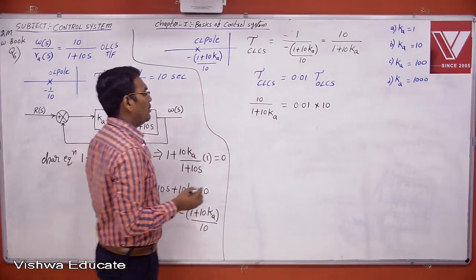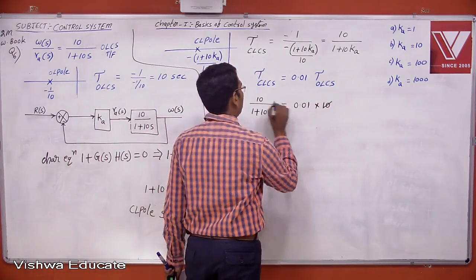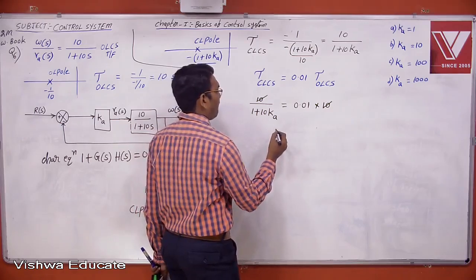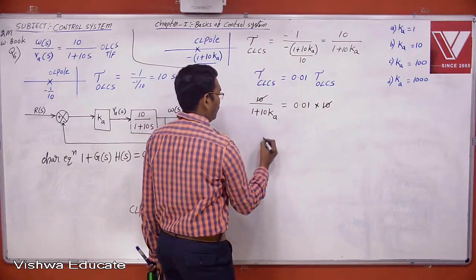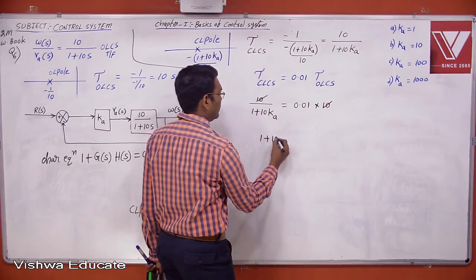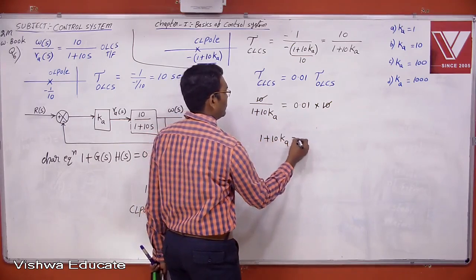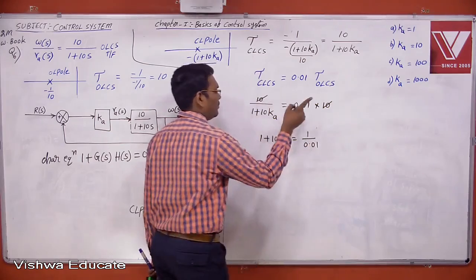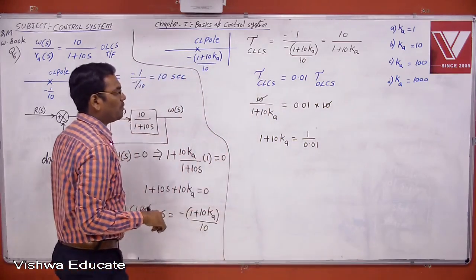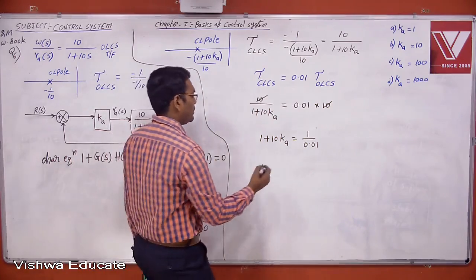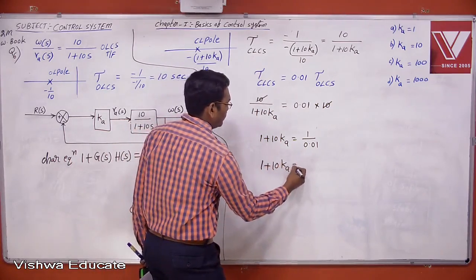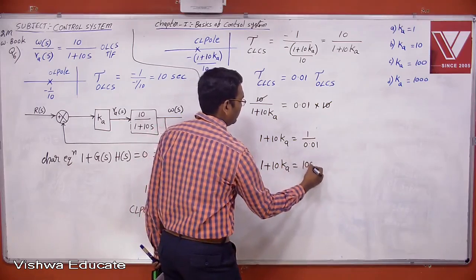Therefore, now this 10 is cancelled. Therefore, 1 plus 10 into Ka is equal to 1 by 0.01, which is 100.